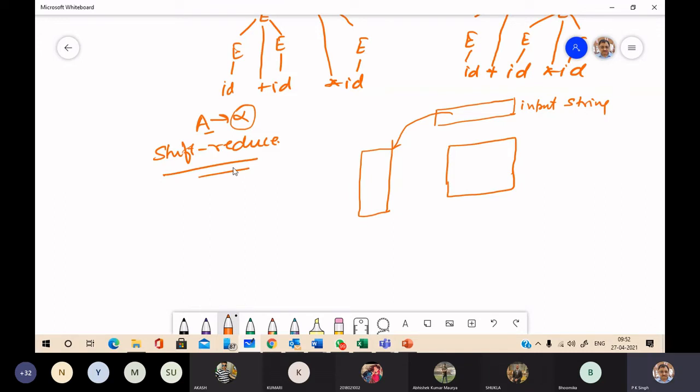Bottom-up parsing is also called shift reduce parsing. And this program has four possible actions: shift, reduce, accept, error.